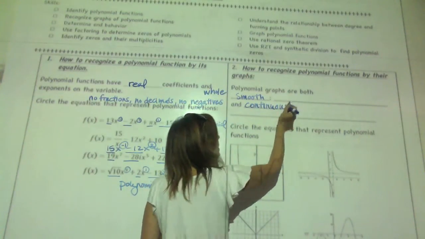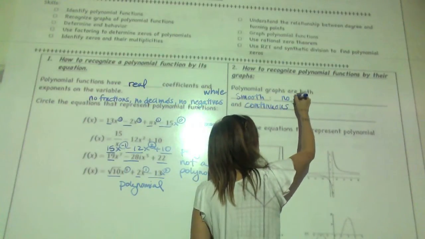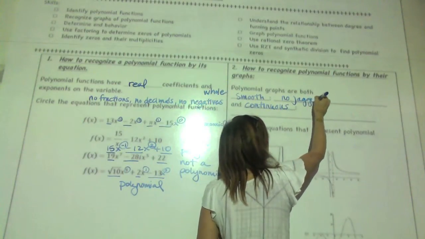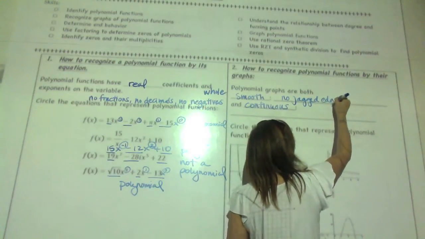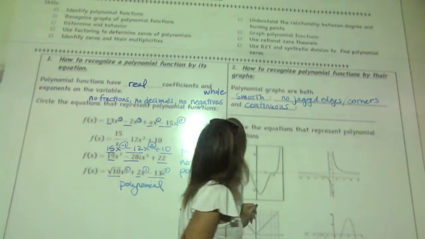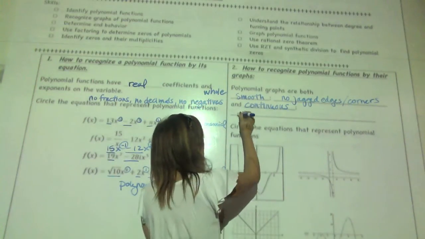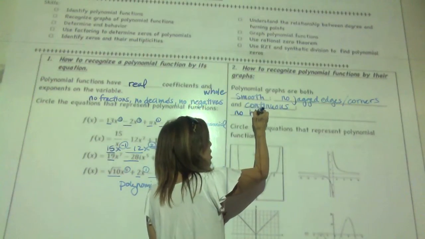Smooth means no jagged edges or corners. And when we're talking about being continuous, we are thinking no holes or jumps.